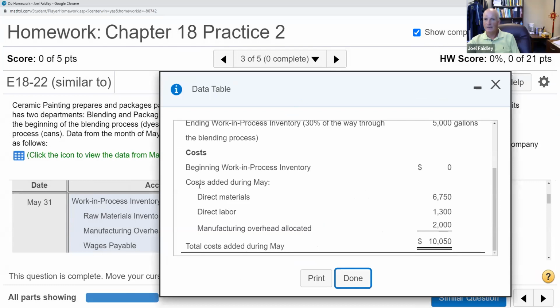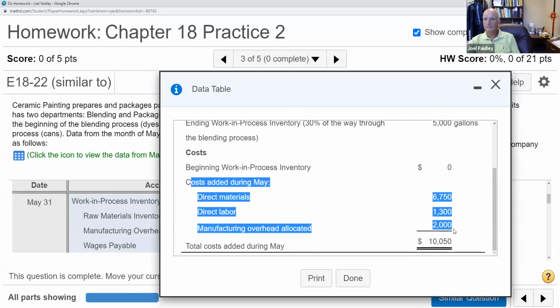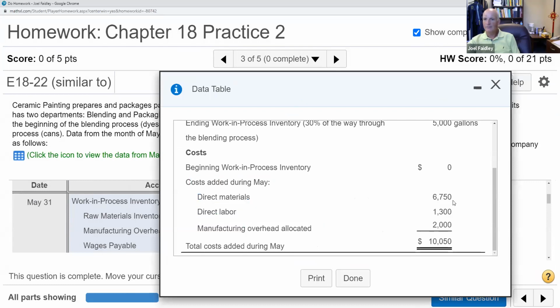So that means you need to make a journal entry based on that. So there we got 6,750 coming out of raw material, be a credit. See it right there for 6,750. Manufacturing overhead allocated. Again, allocated is what? A credit. So that's why you see a credit to manufacturing overhead.